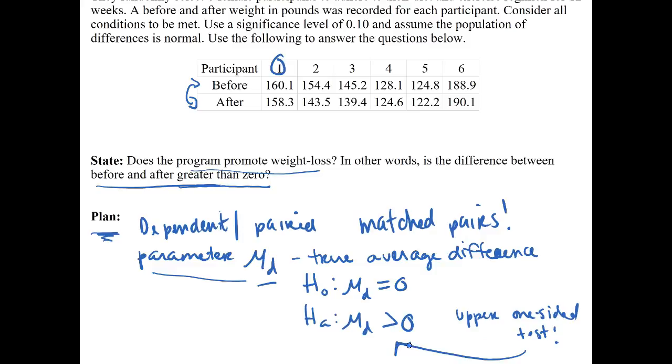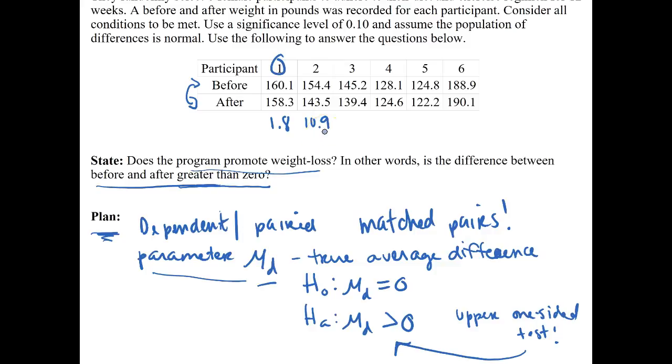All right, so now we need to start solving this. The first thing that we should do in solving is to take the differences between the before and after. So this first difference, 160.1 minus 158.3 is equal to 1.8. 154.4 minus 143.5 is 10.9. It doesn't matter which way you subtract.